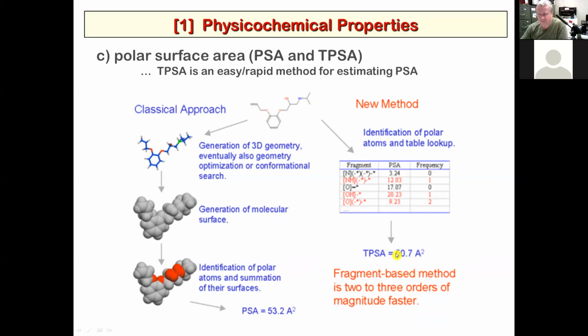And it's like 1,000 times faster, and you get a pretty similar number, okay? So 53 versus 51, roughly. I mean, they're pretty ballpark similar numbers. Okay, good.